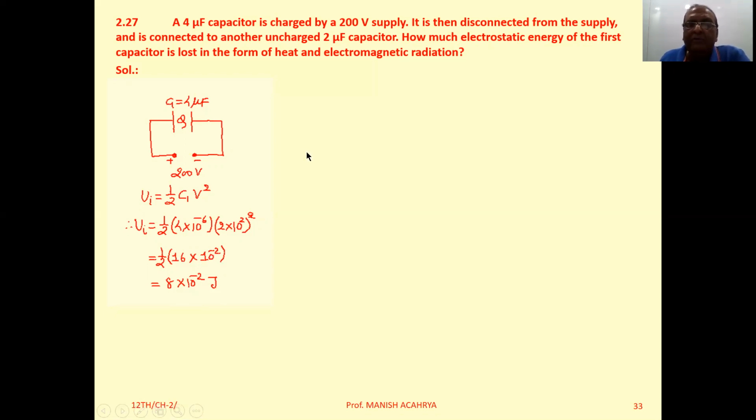Okay. Now calculate the charge deposited on the capacitor also. So charge on the capacitor, that is C1 into V, 4 into 10 raised to minus 6 into 200. So you will get 8 into 10 raised to minus 4 coulomb. Now this first capacitor is disconnected from the battery and connected to an uncharged capacitor having capacitance 2 microfarad.